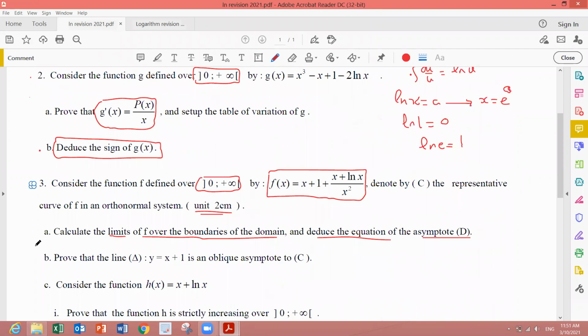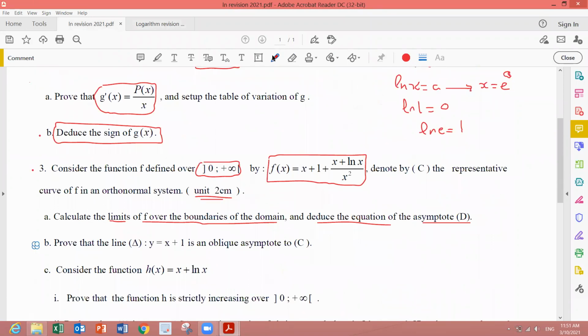Part B. How to prove that the line delta of equation y equals x plus 1 is an oblique asymptote to C? How to prove an oblique asymptote to C?